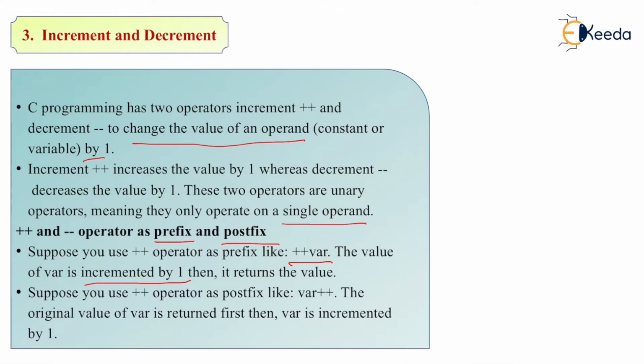But suppose we are using the plus plus operator as a postfix, then the original value of var is returned first, then var gets incremented by 1. So we'll see in detail.